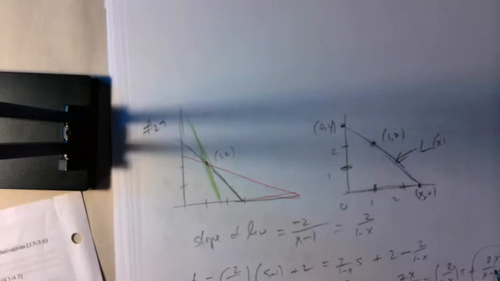So this is the point where this line intersects the y-axis, 2x over x minus 1.